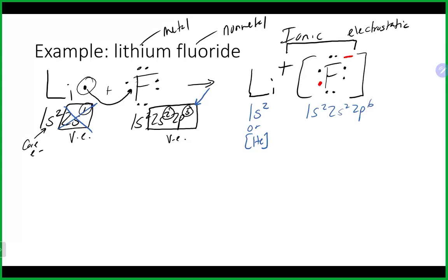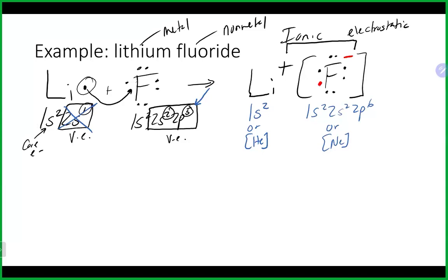Who on the periodic table is number 10? Neon. That is also what type of element? Noble gas, yeah? So this, again, is the purpose of all bonding, for everybody to achieve the same electron configuration as a noble gas, because noble gases are extremely stable.